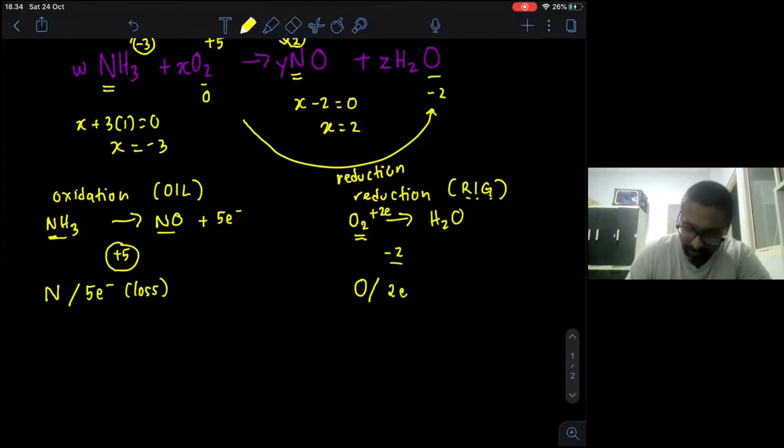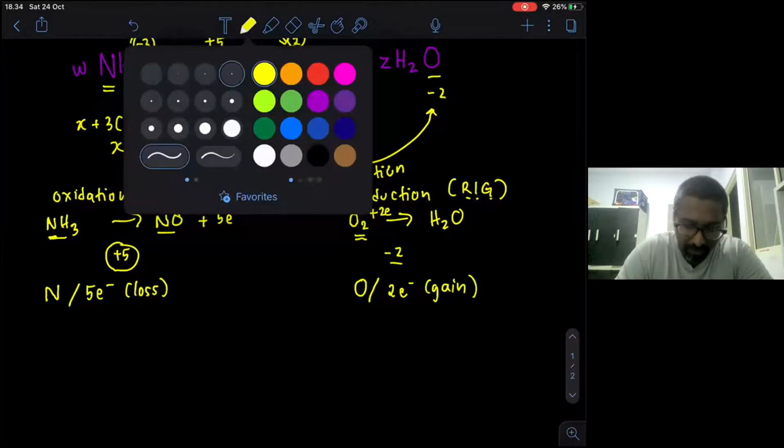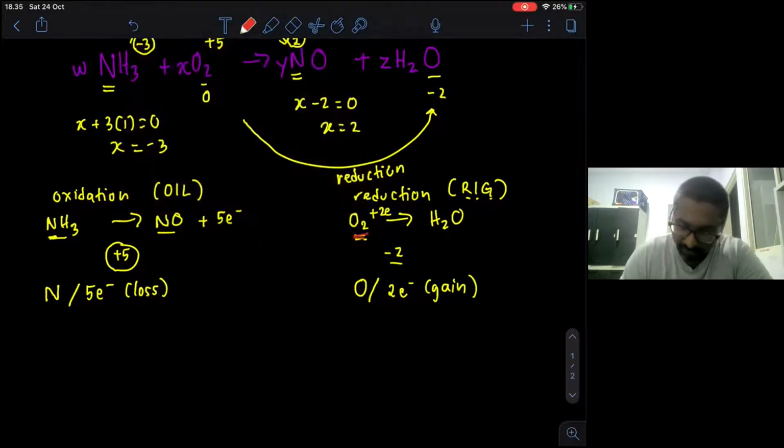In this case, you have 2 atoms of oxygen here, so instead of 2 electrons, there are going to be 4 electrons gained. So for O2, you are going to gain 4 electrons.